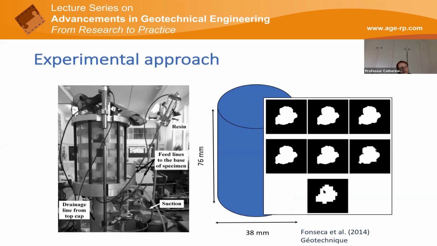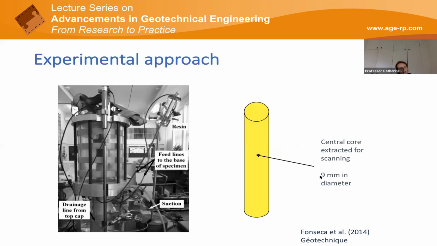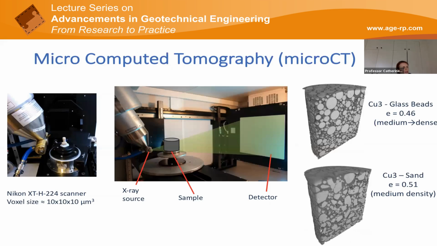In a microcomputed tomography, the resolution, which is roughly the size of the voxels or 3D pixels, is proportional to the size of the sample you scan. So we took our triaxial cell and we extracted a core from the middle of the sample that was about 9 millimeters in diameter.